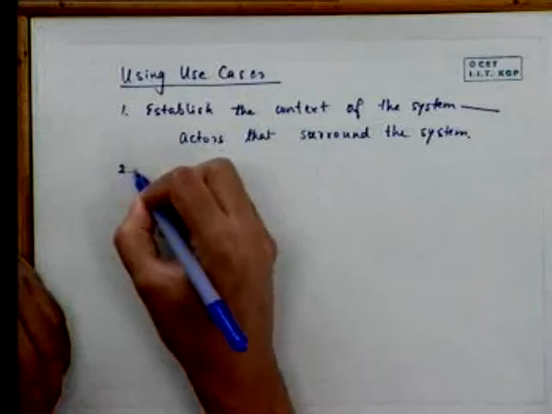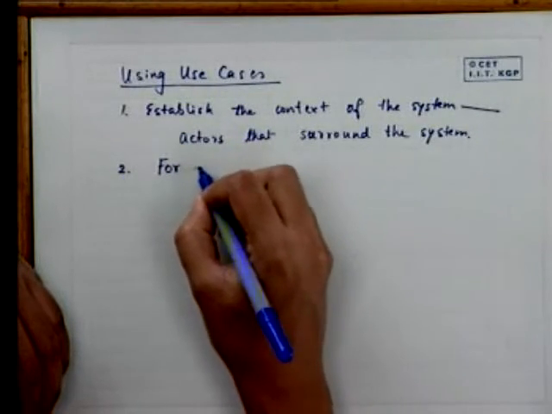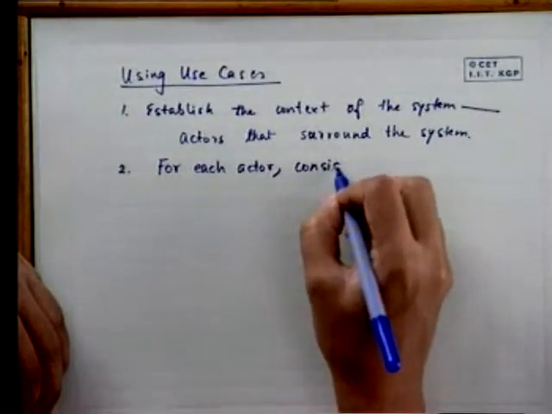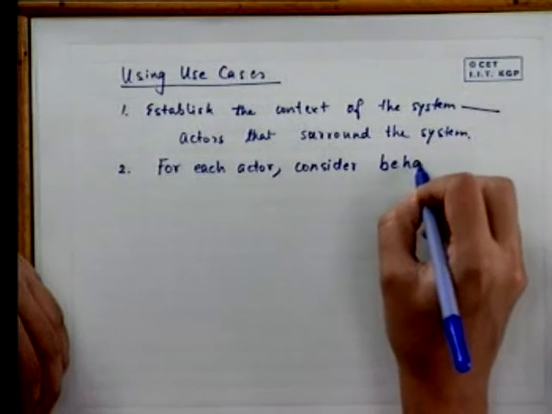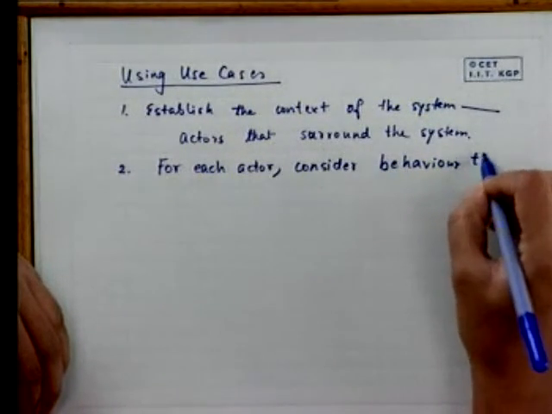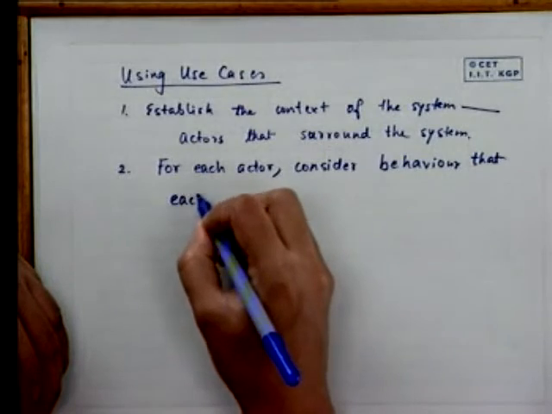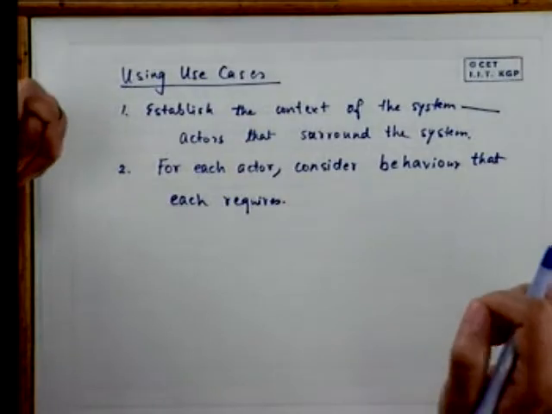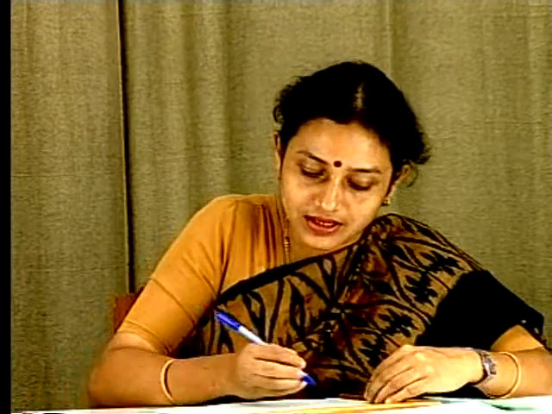And then you look at each actor and find out the behavior each expects or requires the system to perform. These common behaviors which the actors expect or require the system to perform are known as use cases. So each behavior is a use case.